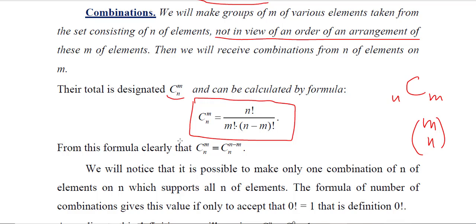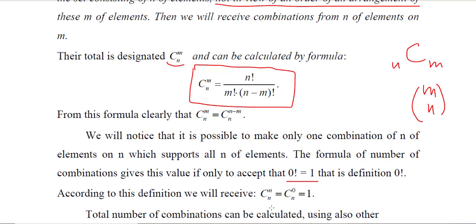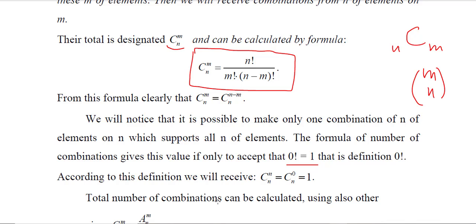Here note: 0 factorial is 1. It's possible to make only one combination of n elements out of n, which consists of all n elements.